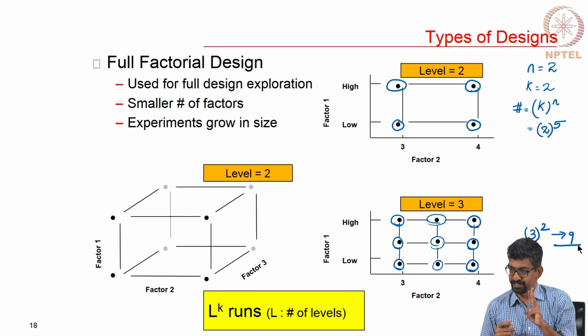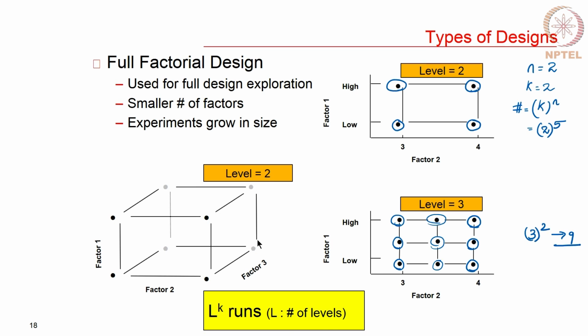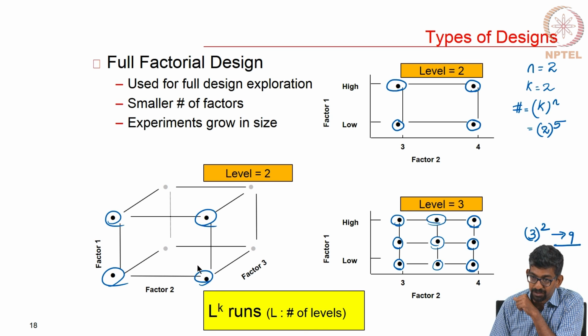Now, if there were 3 factors, just to give you an idea, what will happen? Obviously, I will go to factor 1, factor 2 and factor 3. I am going perpendicular to the screen, that is the factor 3. This is how the increment happens. You see, immediately you increased it only by a factor, but the number of points increased by 4 in that particular case. It was 4 initially for just factor 1 and factor 2.